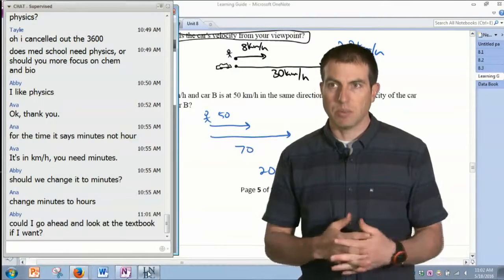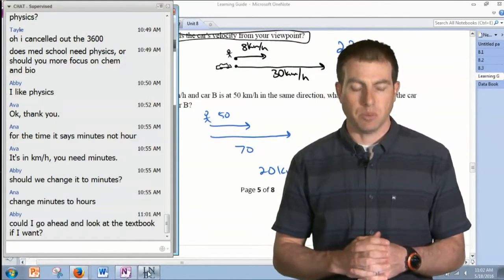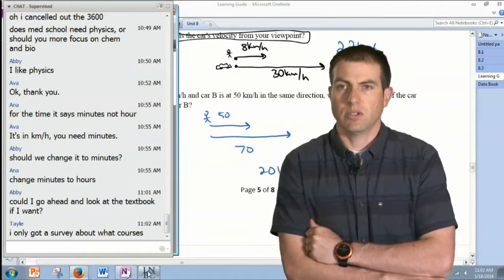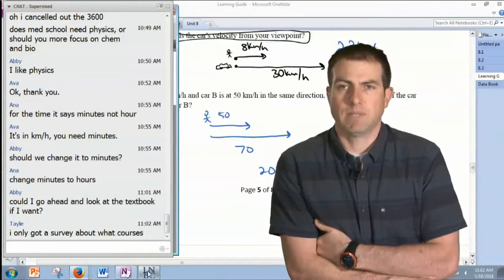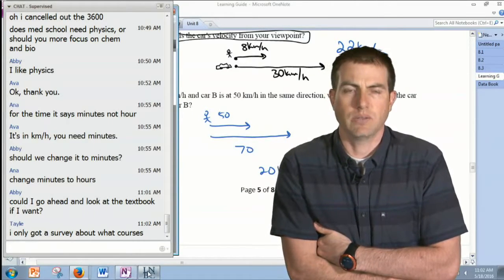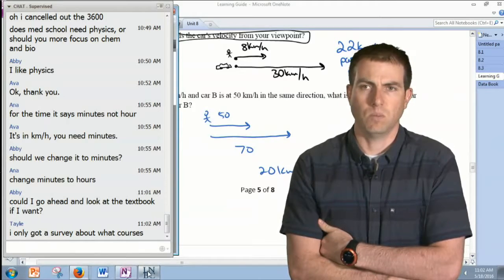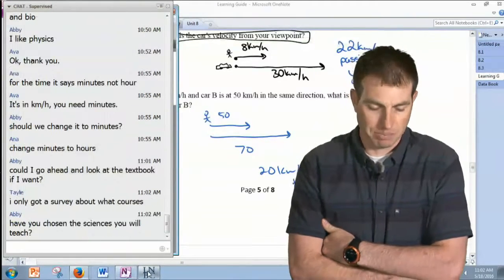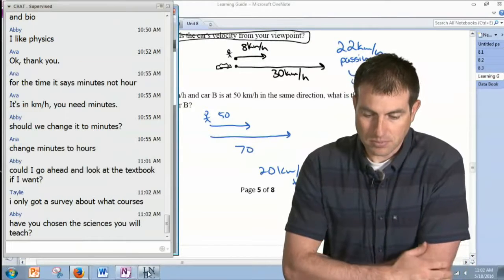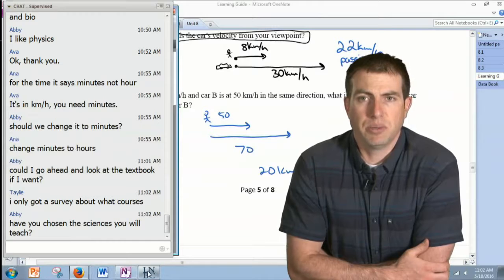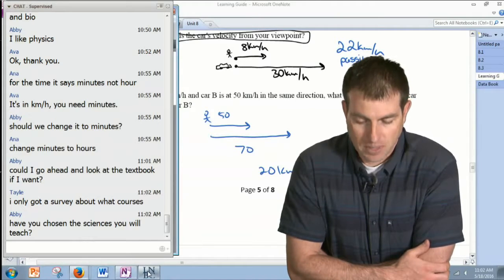I know you've probably talked about it a little bit in planning, and we have some time. I only got a survey about what courses. Yeah, that's probably all you would have received, and then you filled out the questionnaire. She might not have sent it out yet. There might still be more to come. So if you had any questions about that stuff, or jobs, or university prerequisites, or anything like that.